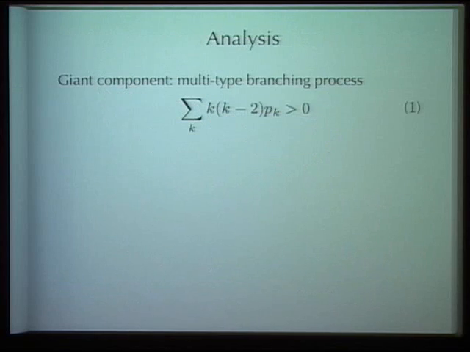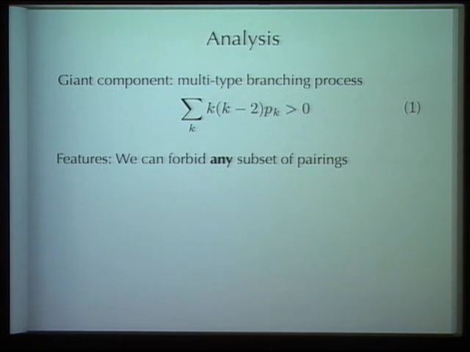Things like this branching process analysis that I described earlier for the Erdos-Renyi graph generalize, except now vertices have types associated with their degree. So we have a multi-type branching process, but everything else stays the same. And one particularly nice feature is that, when we choose our matching, prior to starting to choose the matching itself, we can say there are certain edges that I absolutely forbid.